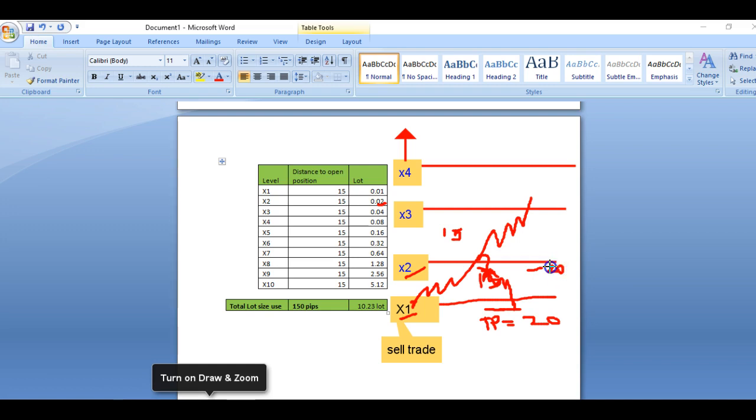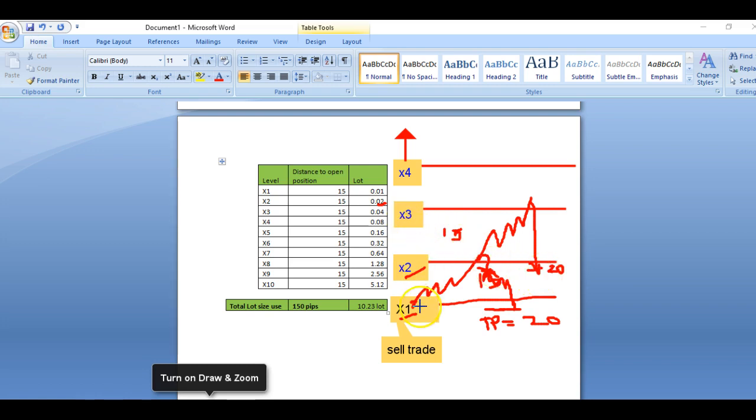So 20 pips TP means from here reverse back you will be earning another 20 pips. This is the reason why martingale is the best, because the x1 will change to TP here, and x2 will change, and x3 will be changed.